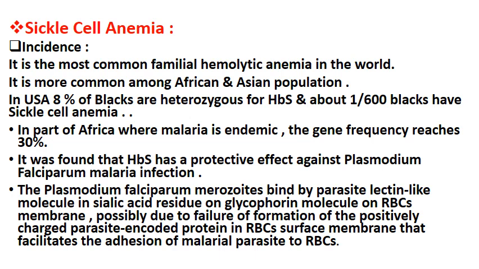In the USA, about 8% of blacks are heterozygous for hemoglobin S, and 1 out of 600 blacks have sickle cell anemia. In Africa, where malaria is endemic, the frequency of the gene is about 30%.